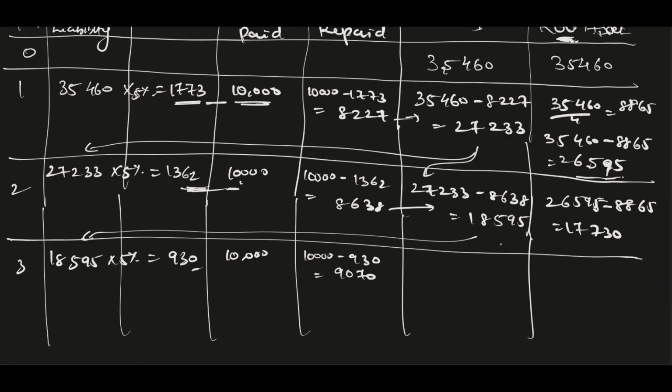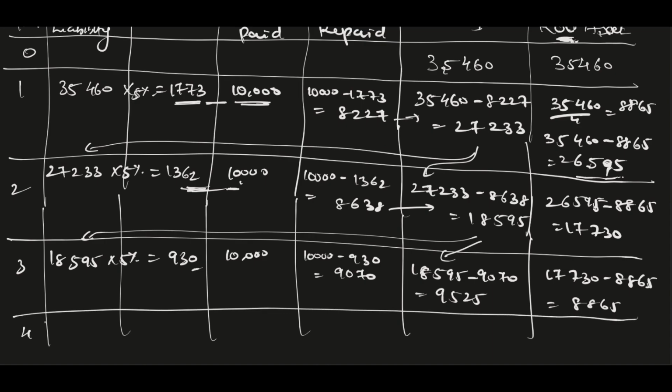So from the previous liability 18595, 9070 has been paid, so that comes to 9525. And assets perspective, it's the same, 17730 minus every time 8865 we are supposed to amortize, so that comes to 8865.